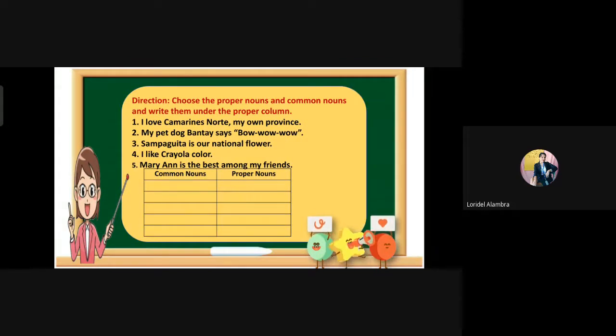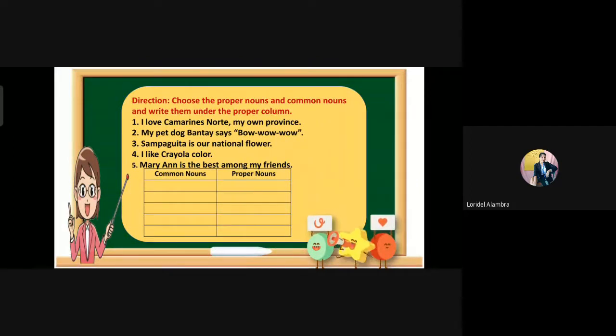So, number 3. Sampaguita is our national flower. What is the common noun in that sentence? Flower. Very good. And the proper noun? Sampaguita. Very good. Next is I like Crayola color. What is the common noun in the sentence?